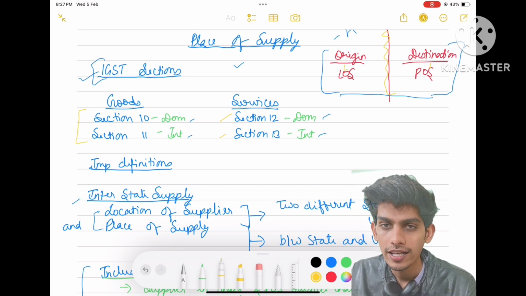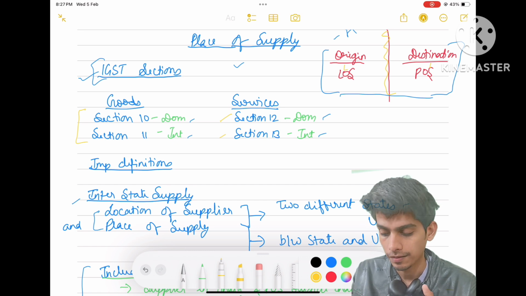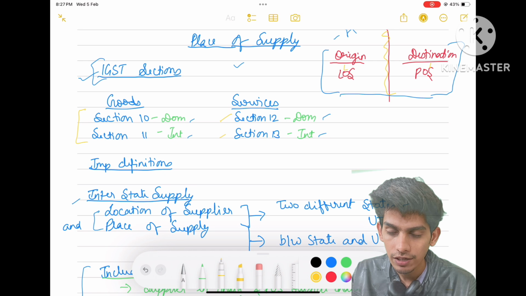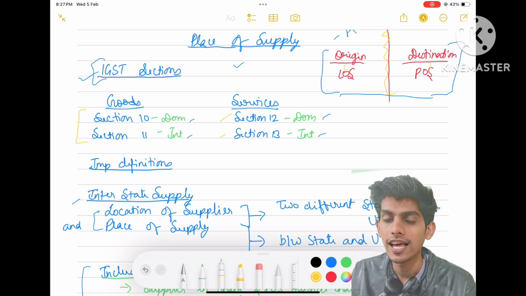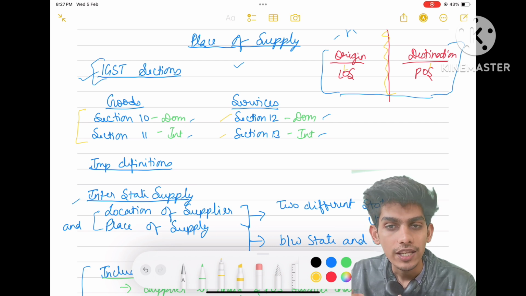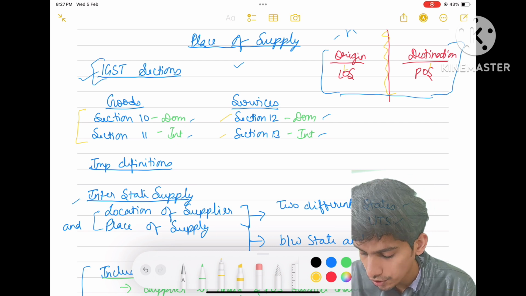And if there is no border, that is, both location of supplier and place of supply are in the same state or same UT, then it will be considered as intrastate supply, and we will levy CGST and SGST, or in case of a UT, UTGST.